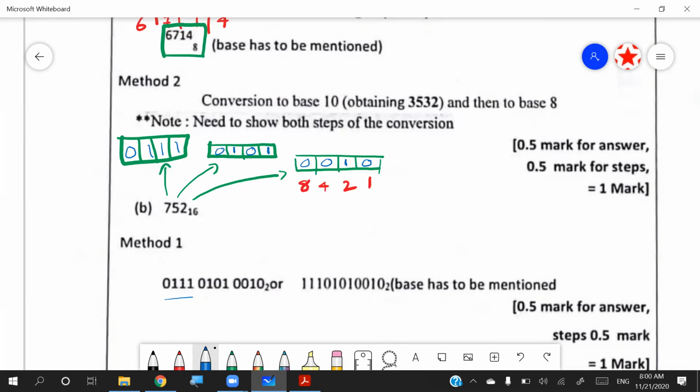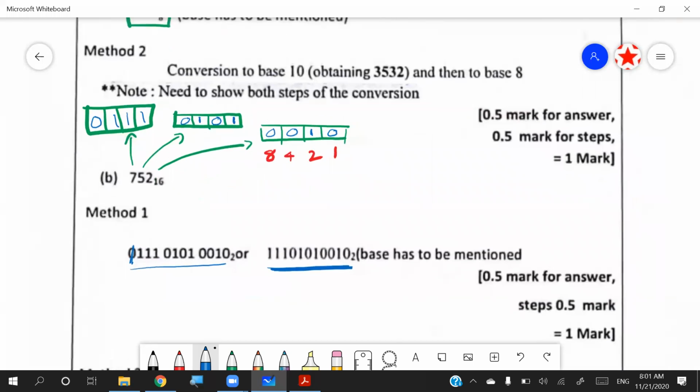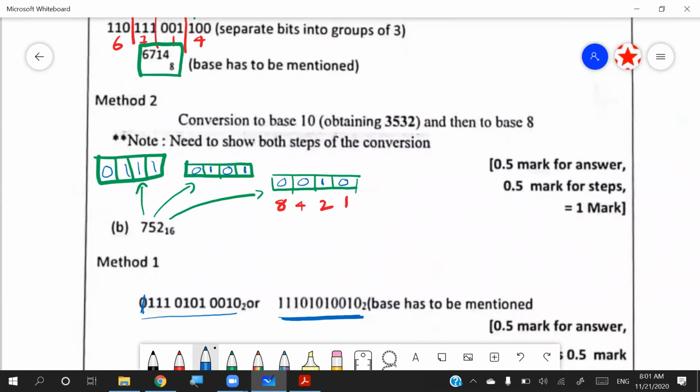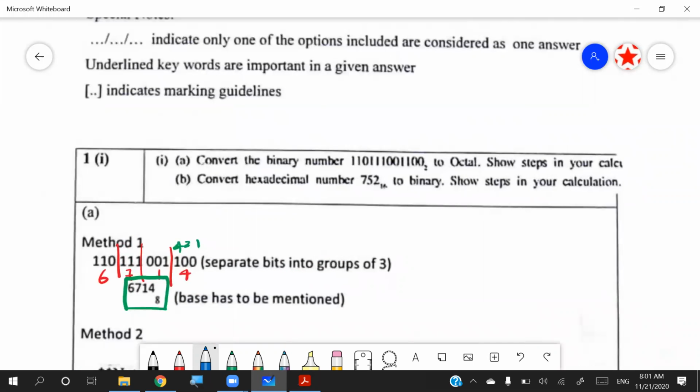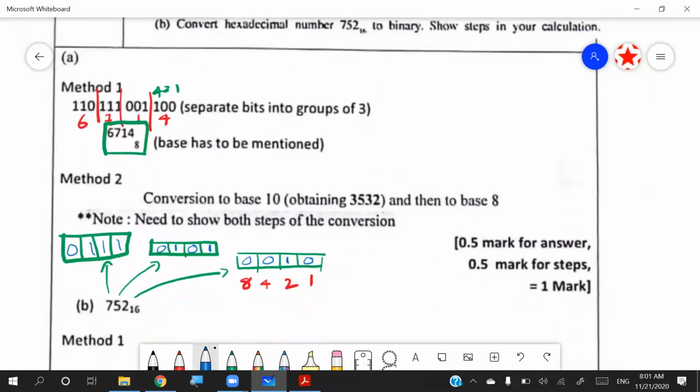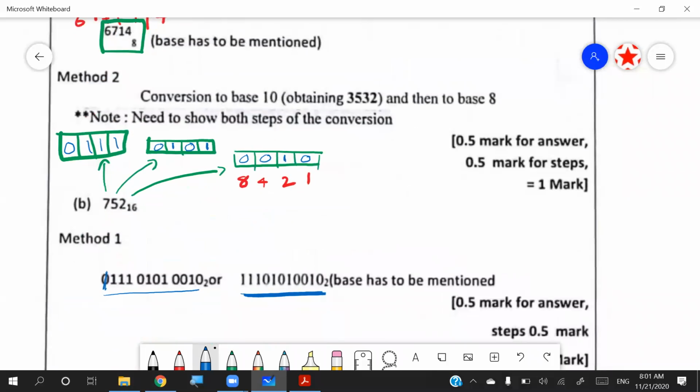According to that, this is going to be your answer, or you can omit the leading zeros, not the trailing zeros, only the leading zeros, in your answer. So it's going to give you something like this as well. So you get 1 mark for each step, 1 for the hexadecimal conversion and 1 for the binary to octal conversion. That is how the 2 marks are given.